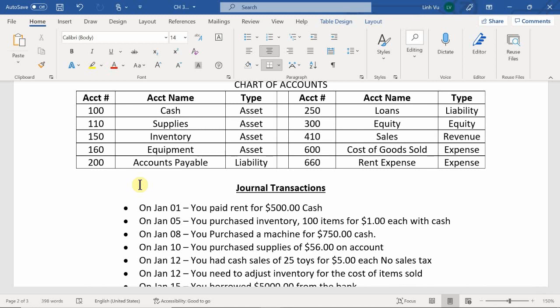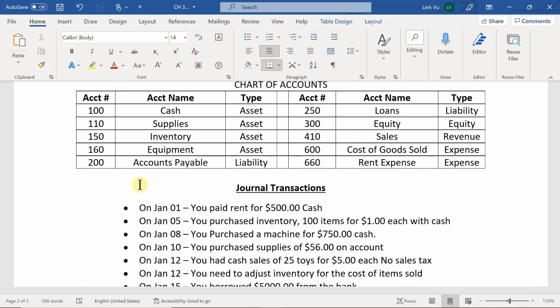I had a sale. Okay, now what did I get out of the sales? $125. Now, what account should I put that in? In cash? You put it in cash.